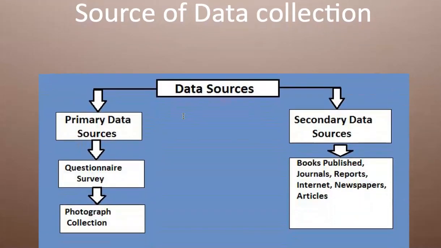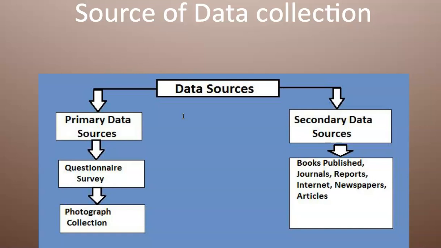Sources of data. There are different sources of data. There are basically two sources: primary sources of data and secondary sources of data. With primary sources of data we can get the data directly from the source, like when we do a case study or a physical study, then it is a primary source. We are directly collecting the data from the source.